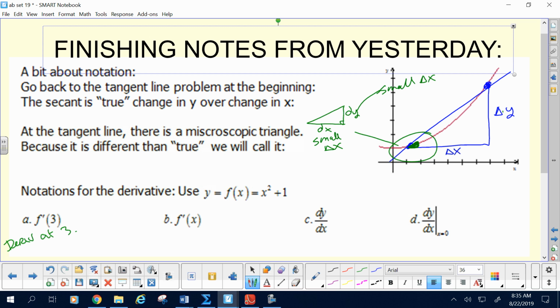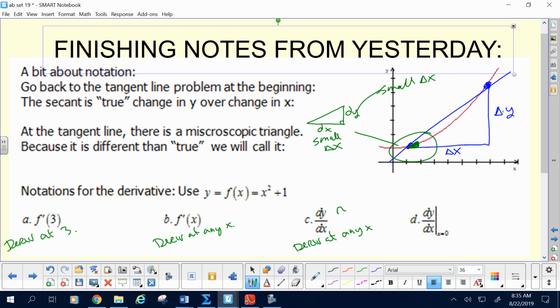What does this mean? F prime of x, and it is the derivative at any x. It's basically a rule that would give you the slope at any point once you told it, hey, at 2, where's the slope? So on, right? Now, here's Leibniz notation, which I didn't get to. This is also the derivative at any x.